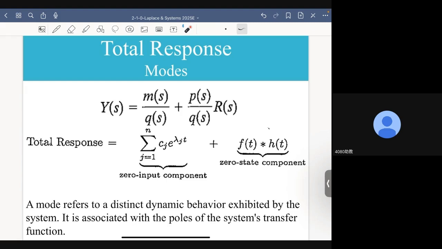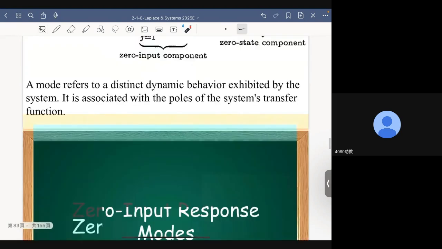We take things apart, study every component, every element. By understanding every component, we know, when we put them together as a system, how it operates, right? Same thing happens here. When we want to understand the zero input response, we look at its modes, okay?